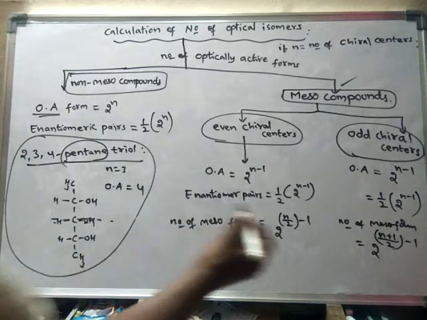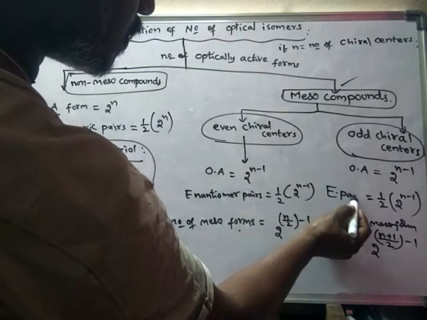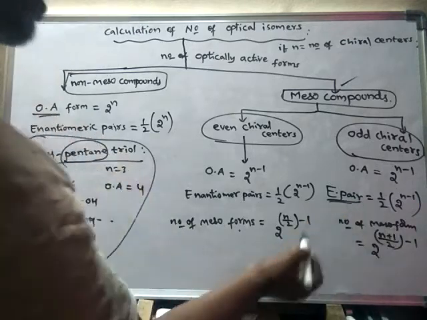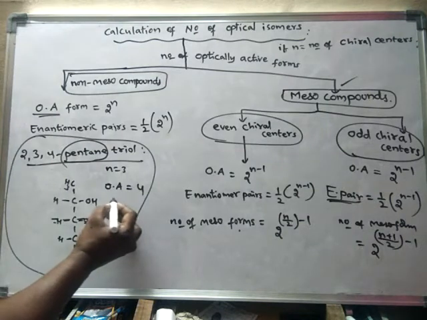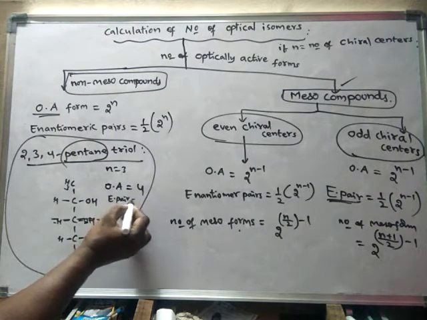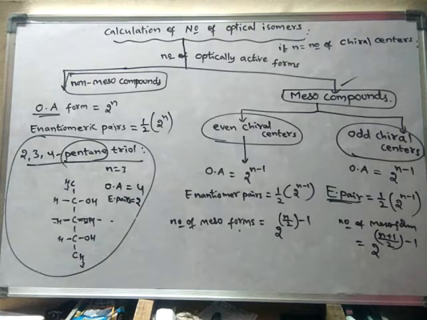Next, enantiomeric pairs. How many enantiomeric pairs are there? Half of this one. So that means there are 2 enantiomeric pairs. Already in our previous case we have seen that there are 2 enantiomeric pairs. So this compound has DL, only one DL, that means 2 enantiomers.